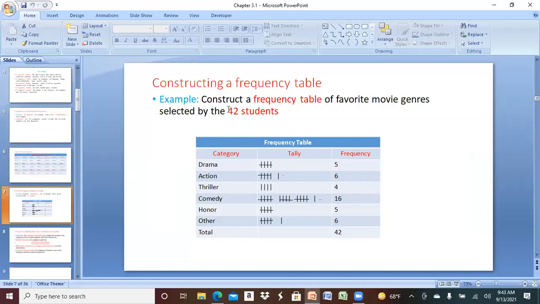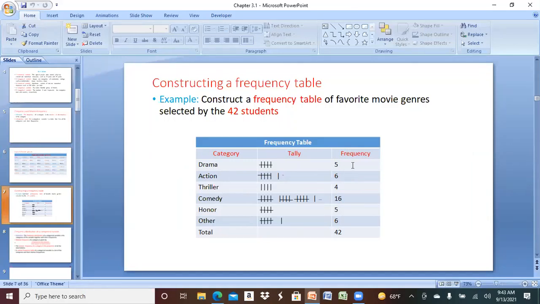You will have 42 students and their favorite movie: drama, action, thriller, comedy, horror, other. For drama, you find 5, right? That frequency is 5. Action, you count 6, so the frequency is 6.